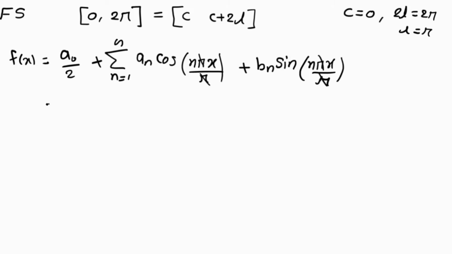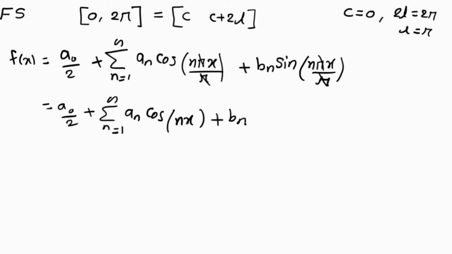So that means it is a0 by 2 plus summation n varies from 1 to infinity an cos nx plus bn sine nx. So for 0 to 2 pi, the angle is nx. Pi will cancel, that's why we get this term.